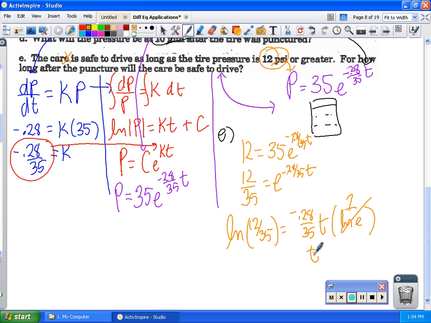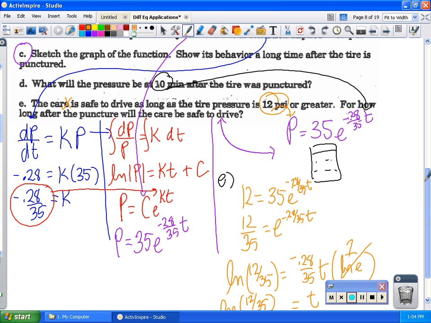So t, the time it takes, is the ln of 12 over 35 divided by negative 0.28 over 35, which can be calculated on your calculator. And the time is in minutes.